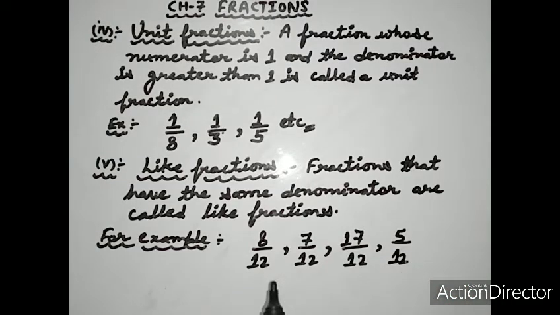Here we notice that all these fractions have the same denominator, and the denominator is 12. So these types of fractions which have the same denominator are called like fractions. Basically, if the denominators are the same in a set of fractions, we say that these fractions are known as like fractions.